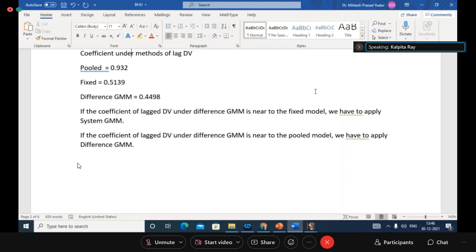Any doubt? And sir, in the thesis as well, where we explain our research methodology. In research methodology, what?